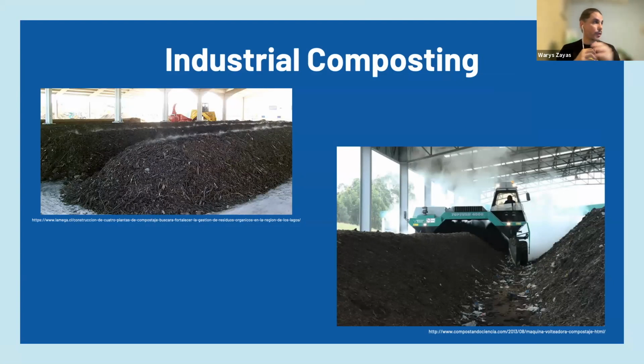As we see here, those piles are under a roof, especially because when we are doing this in bigger sizes, if you have the facilities to do it under a roof, it is really recommended, because there you can have better control of humidity in the piles, right? Here you can see an example in the right picture.